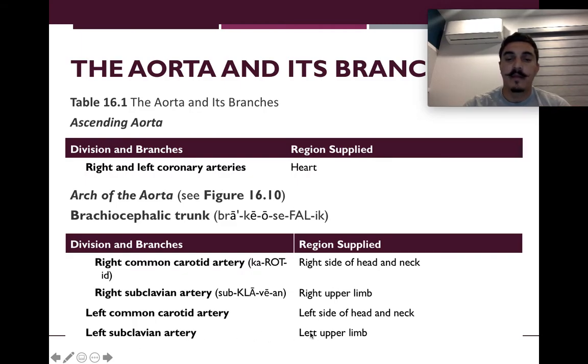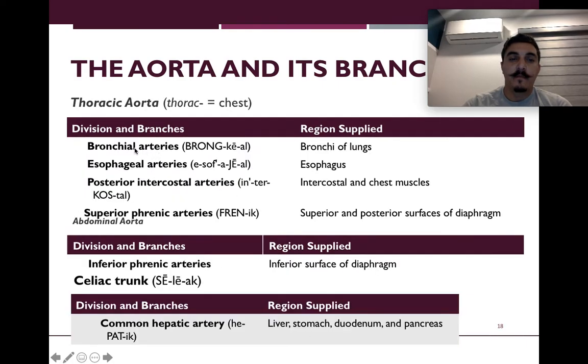It's supposed to say left, not left. Bronchial arteries, bronchi of the lungs, esophageal, esophagus, intercostal, so the intercostal or the ribs, phrenic arteries to the diaphragm, inferior and superior, common hepatic to the liver, the stomach, duodenum, the pancreas.